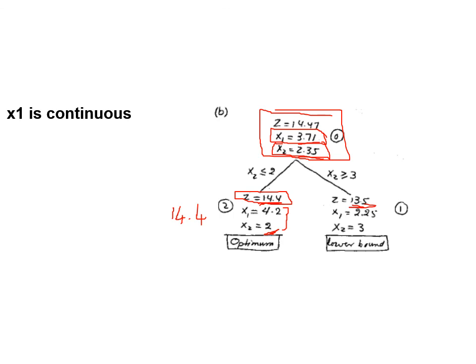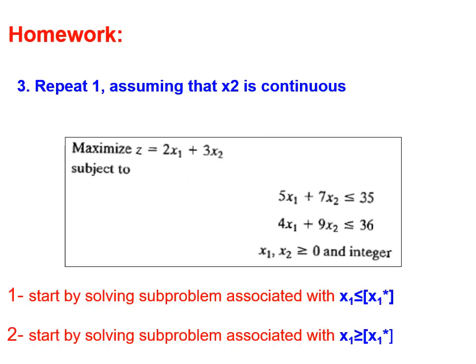And since there are no unexplored nodes, the upper bound should be equal to the lower bound, which is 14.4. So this solution is the optimum solution. You see, although the x1 value is non-integer, it's not a problem because in the problem it is not integer restricted.